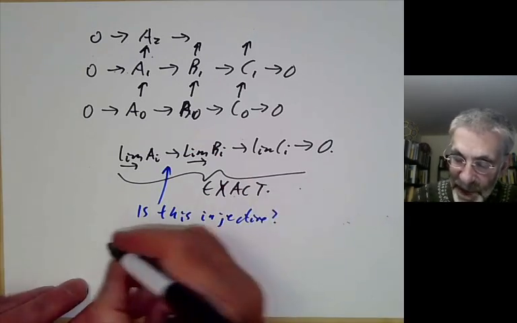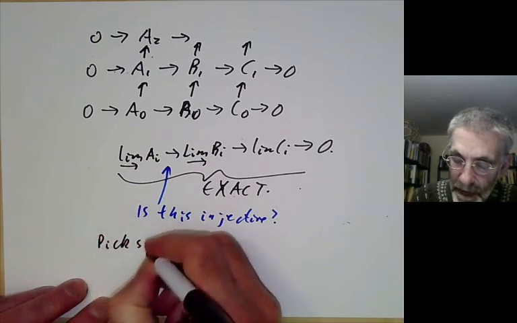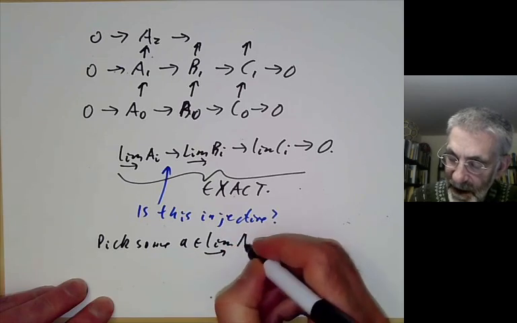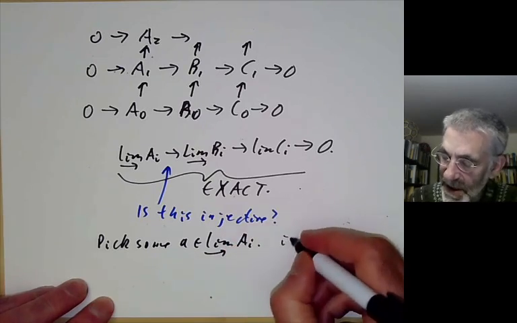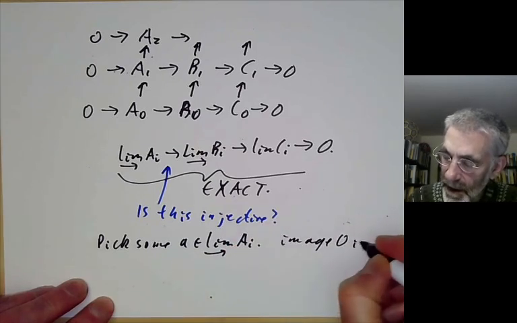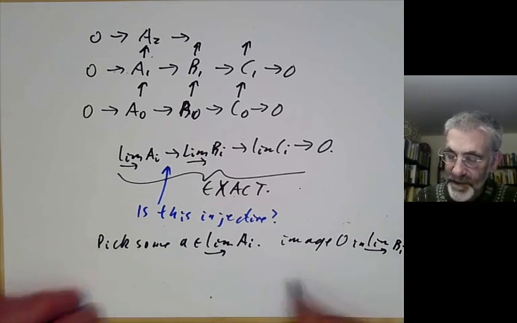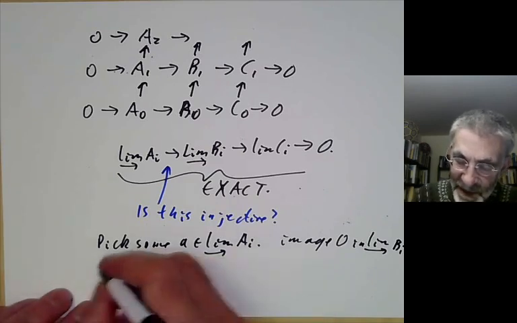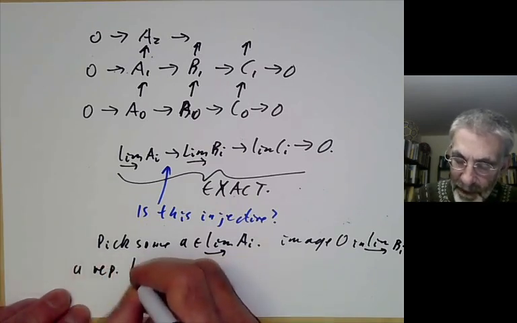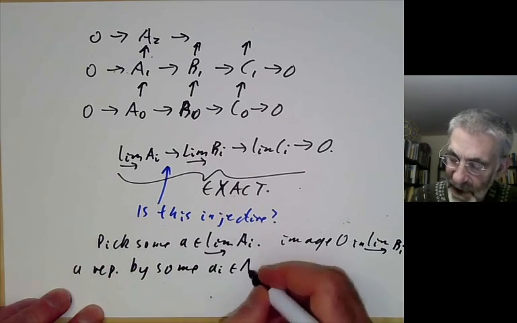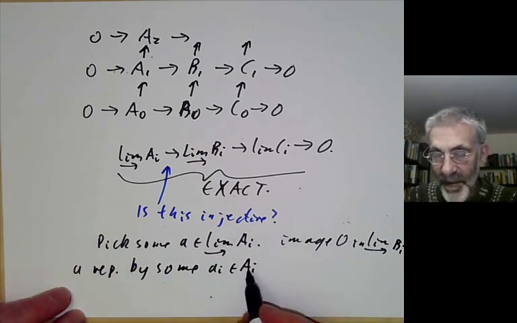Well, let's pick some A in the direct limit of the AI with image 0 in the limit of the BI. Well, then A is represented by some AI in some big AI, by what we've just said.